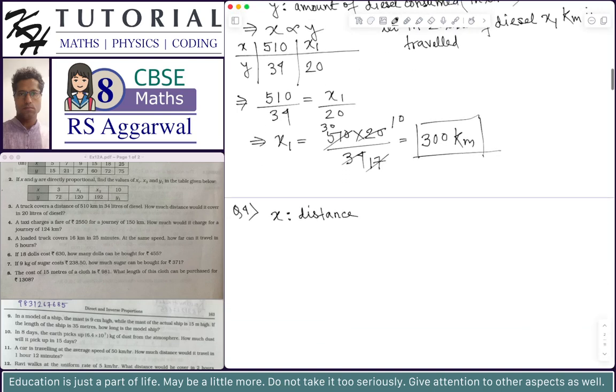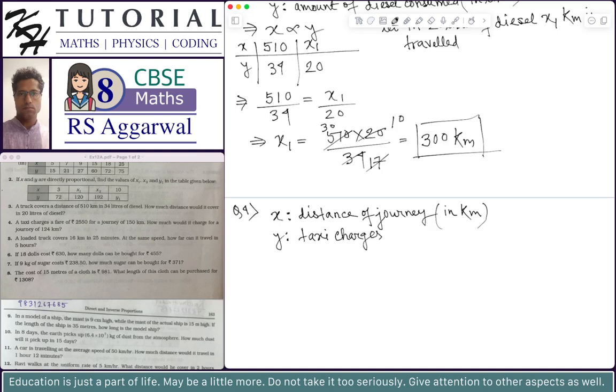Okay, now for this problem, let's say x is the distance of journey. The taxi is going from some place to another, and the distance the taxi is traveling for a particular trip, let's say this distance is in kilometer, and let's say I consider y to be the quantity taxi charges.